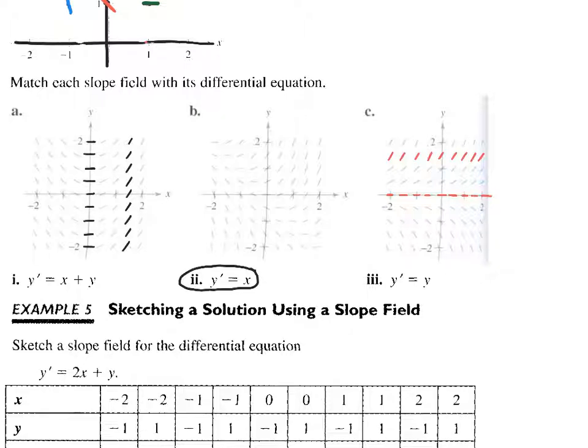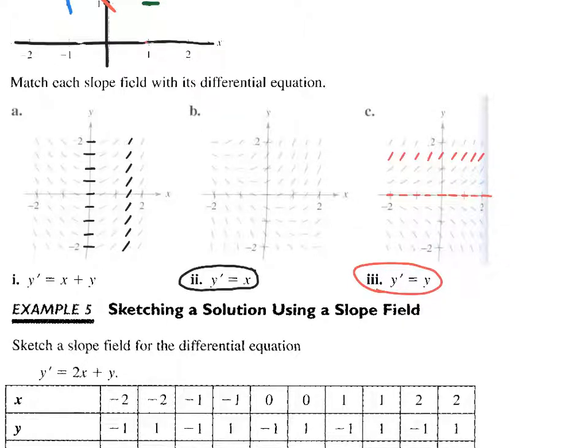So because of that, we know that here the slope is not dependent on what x equals, which means which one of these is the differential equation? The third one. The last one, yeah. And the first one depends on both x and y. You're right.